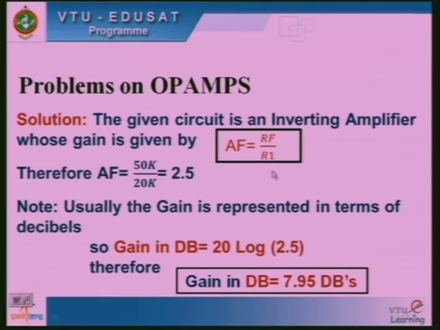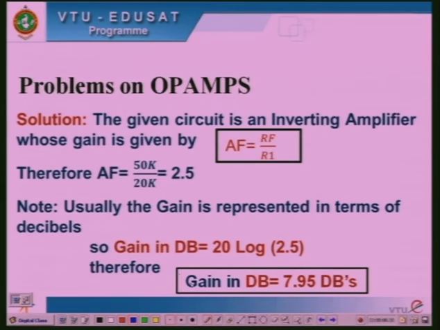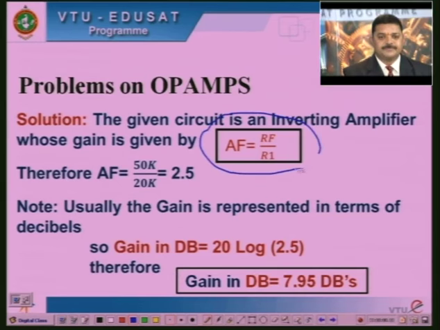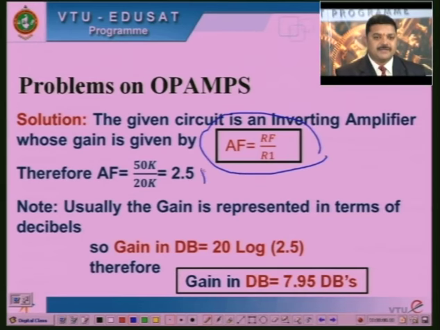You can see here the gain is given by Rf by R1, and which is found to be 2.5 without dBs. I have given one very important note here. Usually, the gain is represented in terms of decibels.